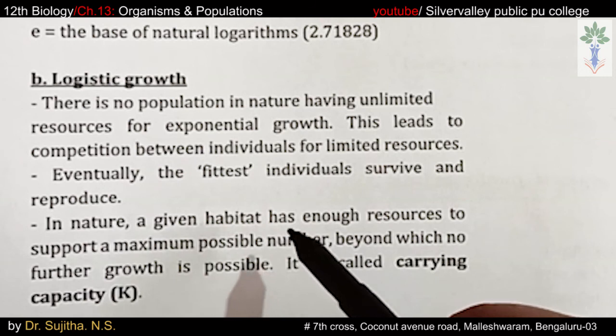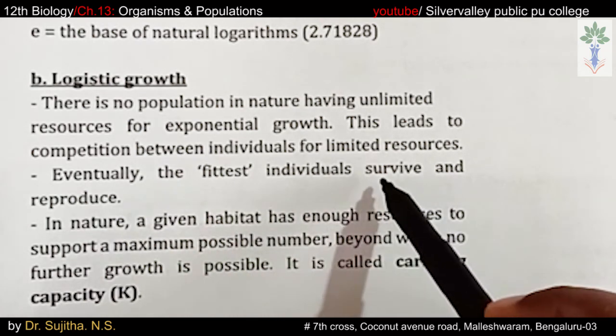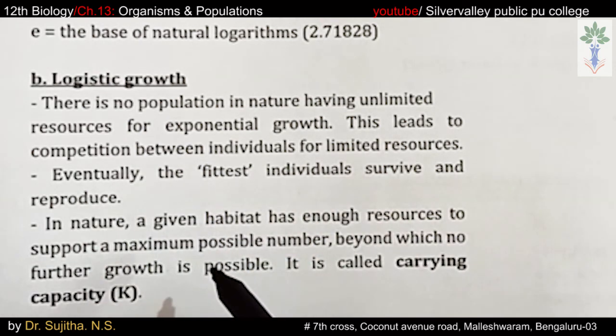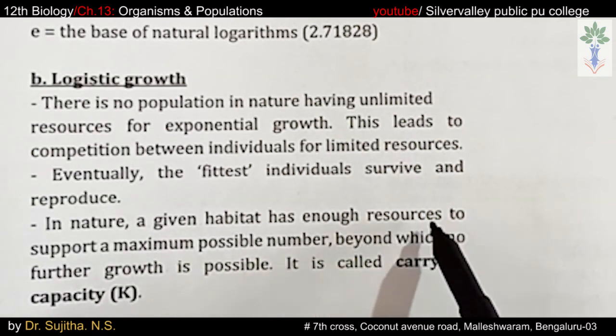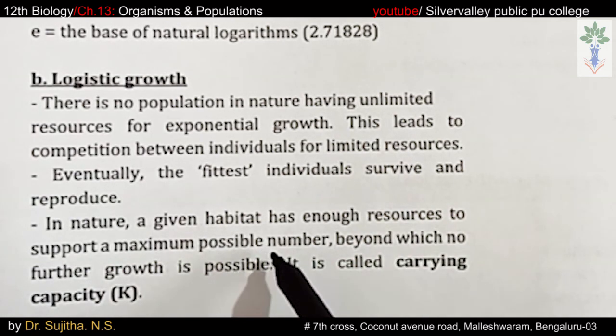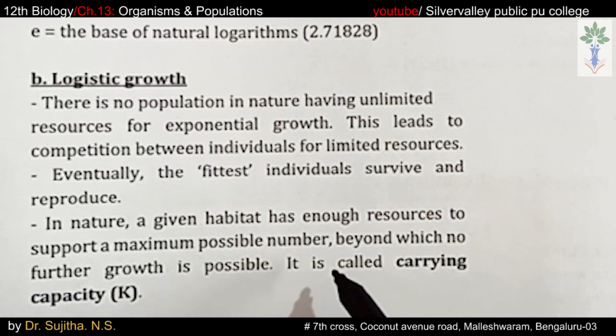So finally, the fittest individuals will survive and reproduce. In nature, a given habitat has enough resources to support a maximum possible number, after which nature does not have the capacity to support them. This is called carrying capacity, and the carrying capacity is represented by the capital K.